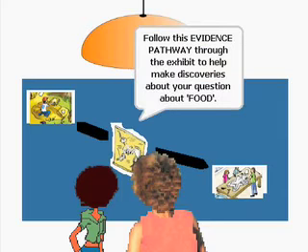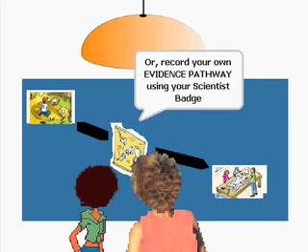And now, based on that question, the system displays an evidence pathway, which is just a sequence of exhibits that they should look at that are related to their question.